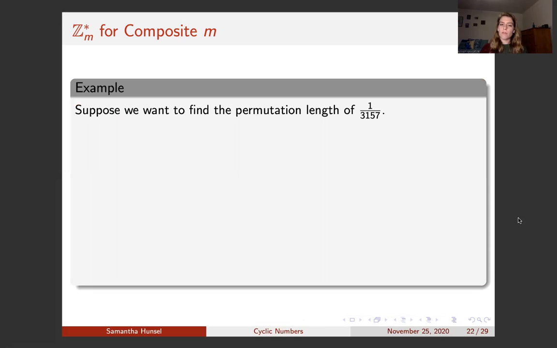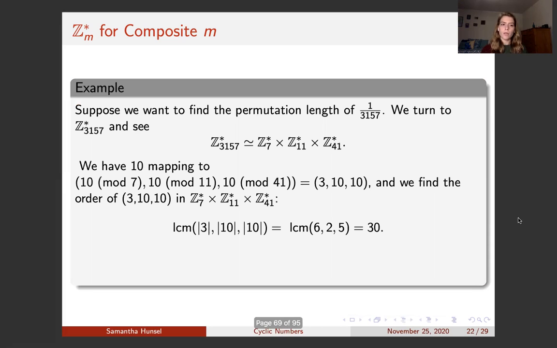So suppose we want to find the permutation length of 1 over 3,157. It's fairly large. So we see that we can turn this into an isomorphism of the external direct product of Z star 7, Z star 11, and Z star 41. And 7, 11, and 41 are all relatively prime, so it works out. Then we can map 10 to that external direct product and we get the element 3, 10, and 10.